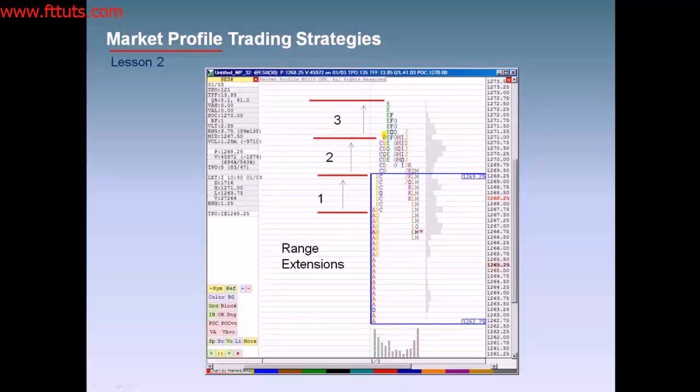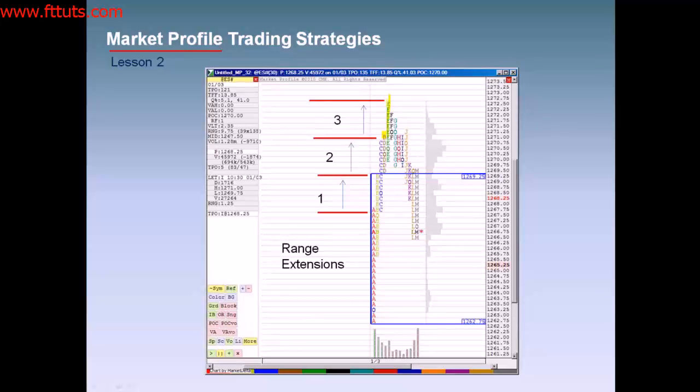The market is going to drop now because the range extension has stopped. Again, this is someone who's looking for buy-sell signals, not someone who's analyzing what's going on. Let's continue with our analysis. A range extension actually takes place in the E period, and that's where we arrive at our high.